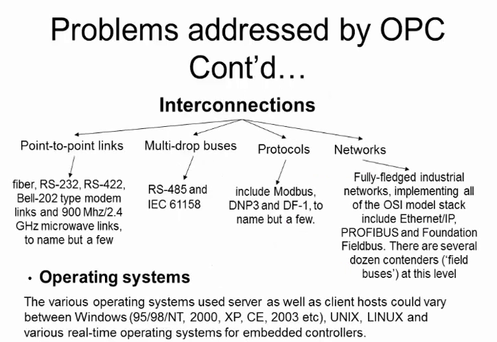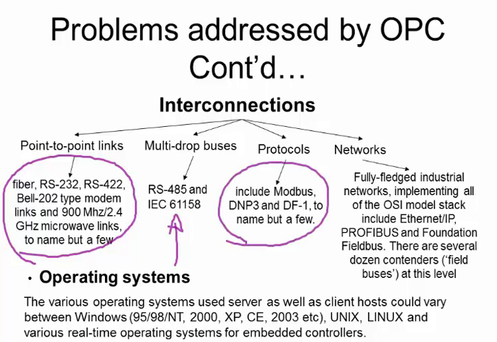The other thing is the different interconnections out there. There are lots of different sorts of point-to-point links: fiber, serial, 900 megahertz links, gigahertz, microwave links, all sorts. There are multi-drop buses, like DF1 and Modbus in the protocol space.